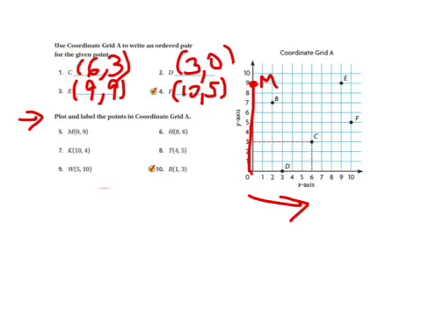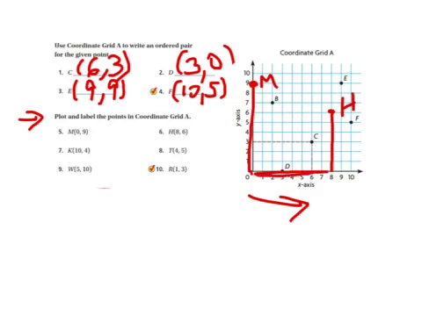Number 6 says letter H is at 8, 6. So we travel 8 along the x-axis and then 6 on the y-axis, and that is letter H right there. Number 7 is 10, 4.